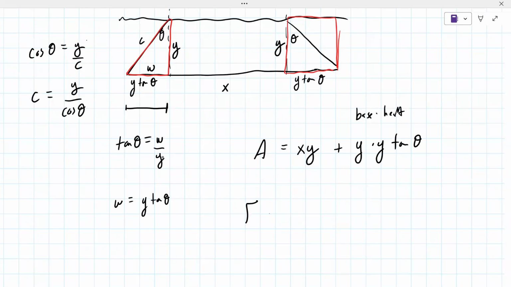So the amount of fencing that we need is y over cosine of theta, but you need two of them because you need each of these outer edges. And then you need two y tangent thetas plus x.